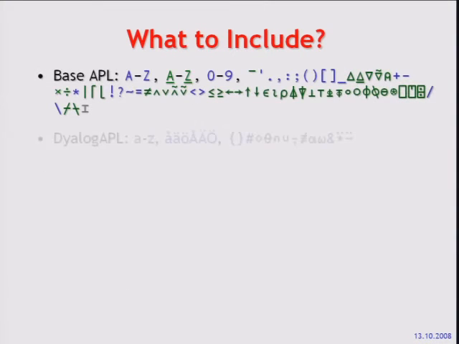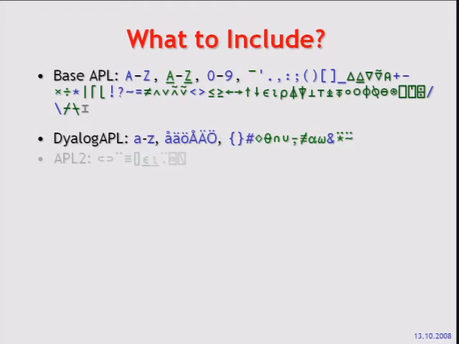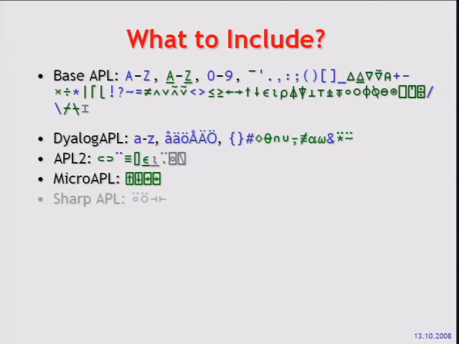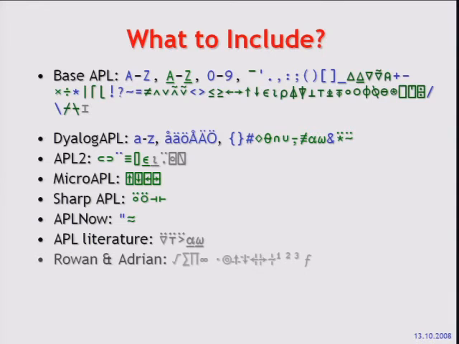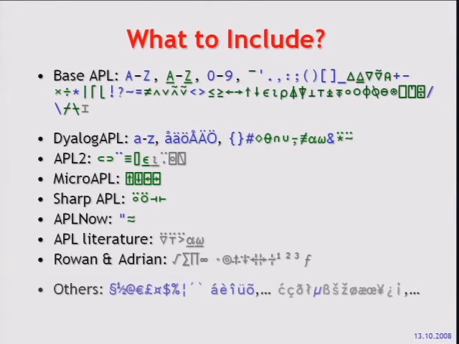Then we became very bold. What are the symbols we'd like to include in the new APL keyboard? We started with base APL, something that's been used in every APL interpreter throughout its history. The blue ones are already on the keyboard, and the green ones are something that we'd like to have there.